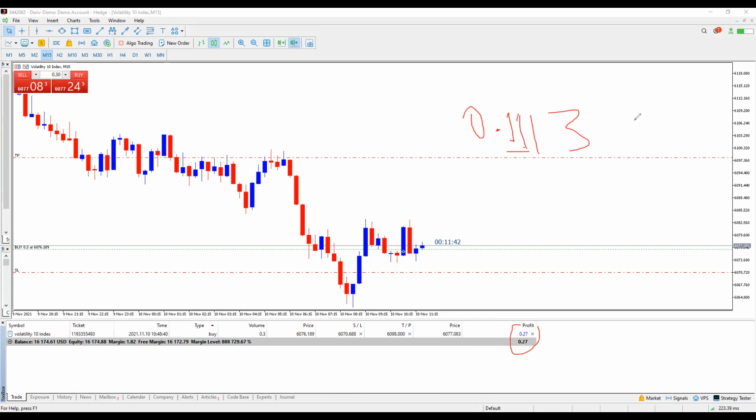This I ignore. So at that particular time when I calculated, we had a profit of 0.11. That means for that movement of price with that lot size of 0.3 from the entry, it was 11 cents.